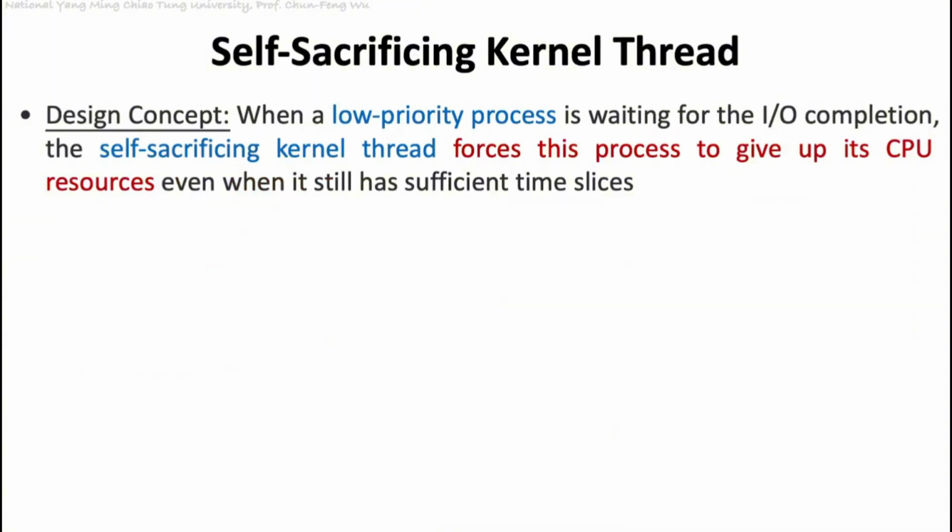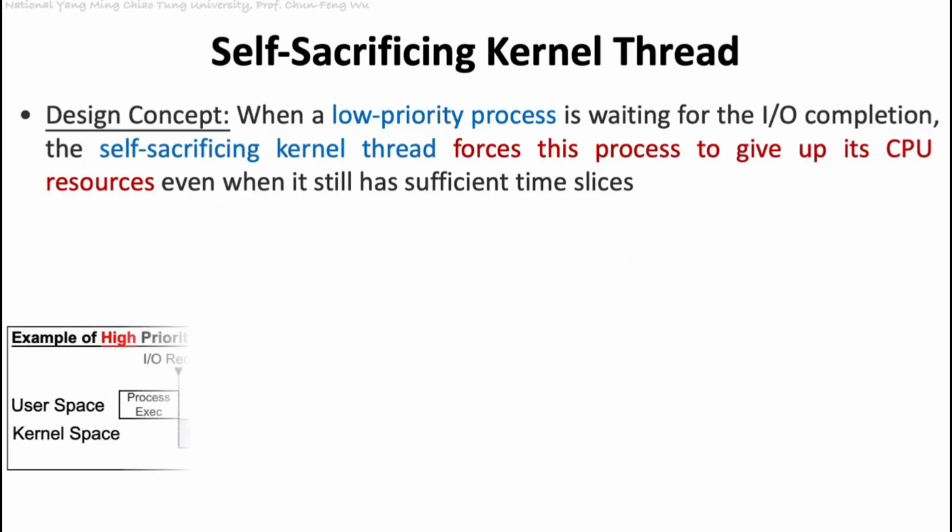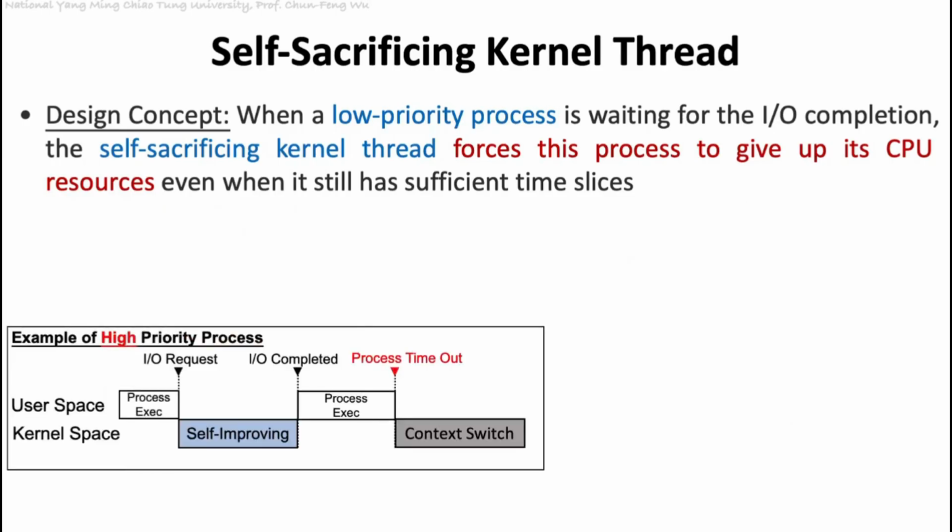The design concept behind the self-sacrificing kernel thread is that when a low priority process is waiting for the I/O completion, we directly give up this CPU resource to other processes, for example, other high priority processes. For a high priority process, when the process execution faces the I/O, we jump into the kernel and run the self-improving thread.